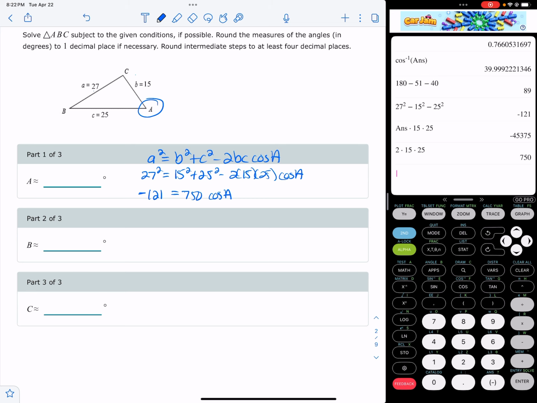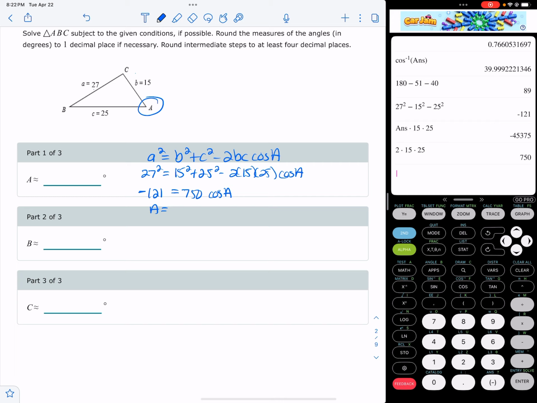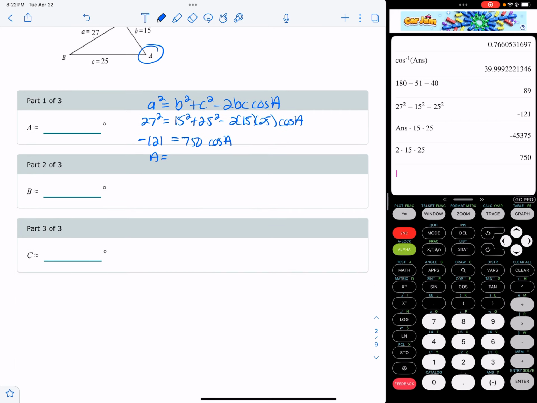All right, now, again, watch what I'm going to do here. Inverse cosine of negative 121 divided by 750.